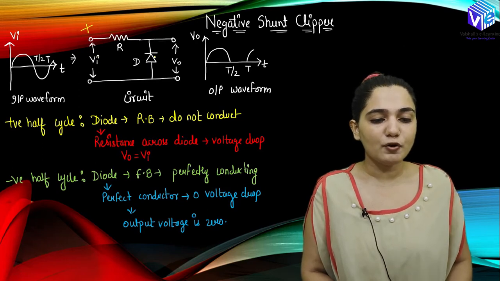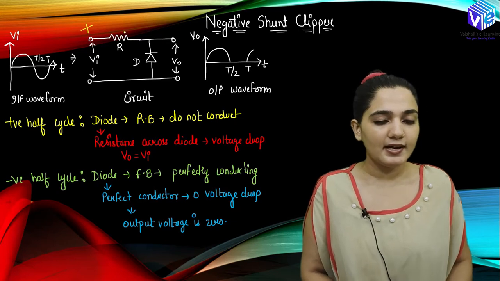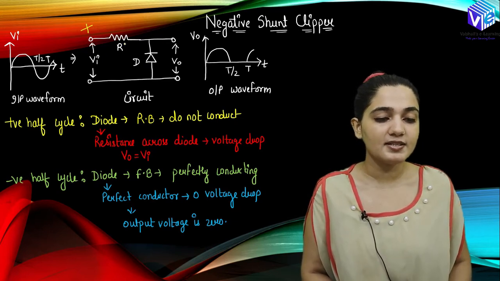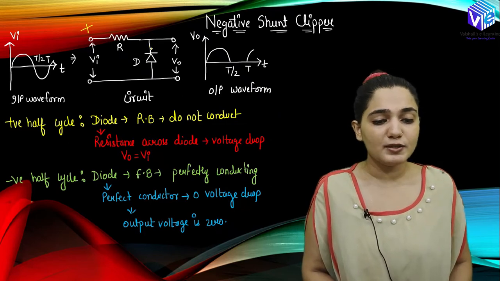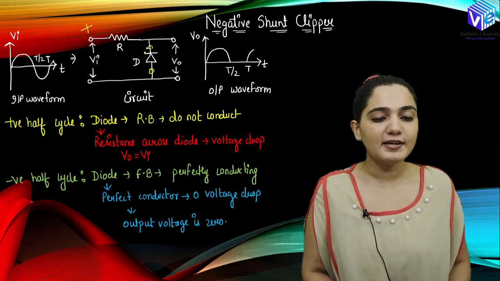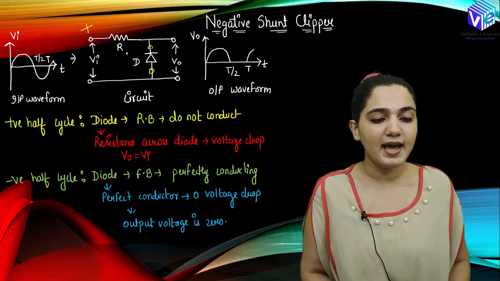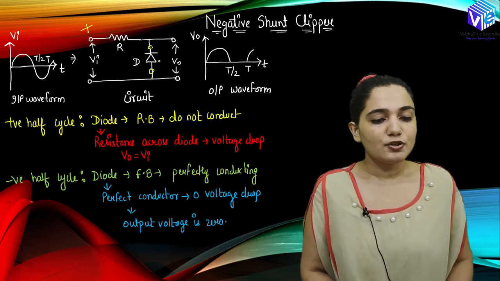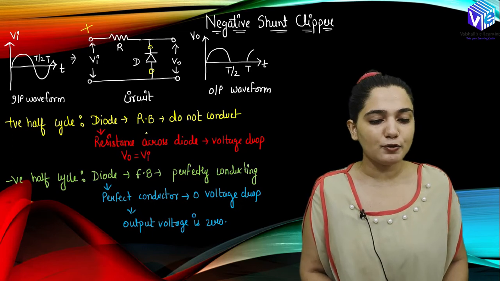So all of the voltage will drop across this resistance only, right? This resistance is very small in comparison to this one, so I can assume this to be an open circuit. When this is an open circuit, no current will flow through this device, and we will have the input voltage appearing across the output, right? So we will have Vi equal to Vout.